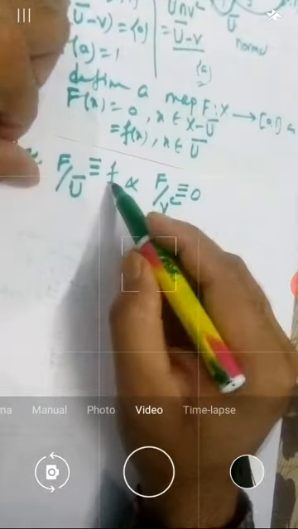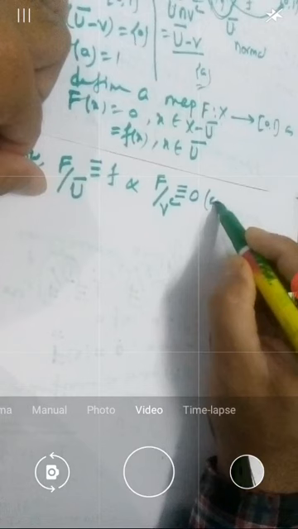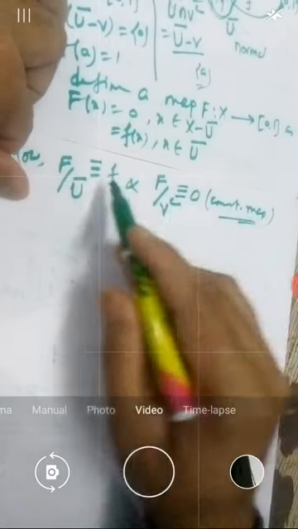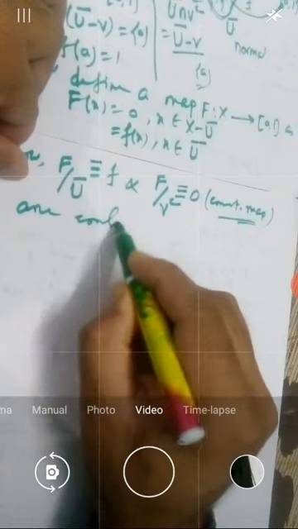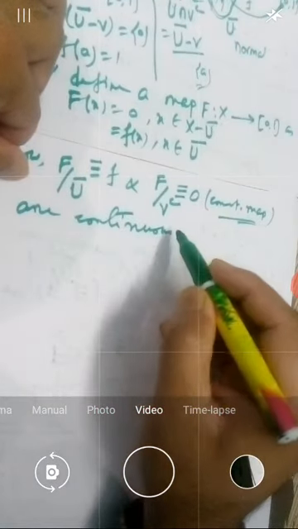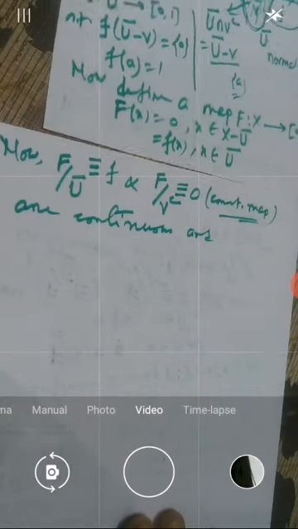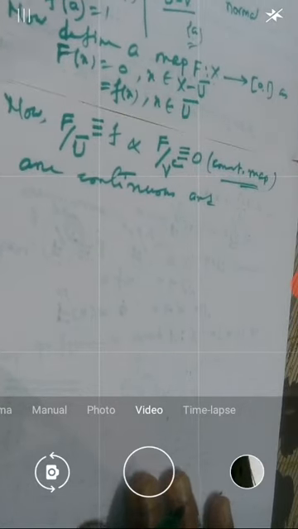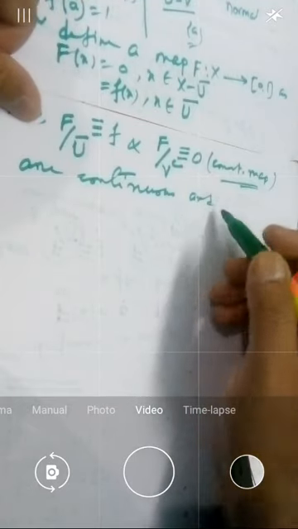Fine. Now this small f is continuous. This zero mapping, zero function, is a constant function, constant map, so this is also continuous. So both are continuous. And their nature within their common domain, that is the intersection of their domains, is very nice.